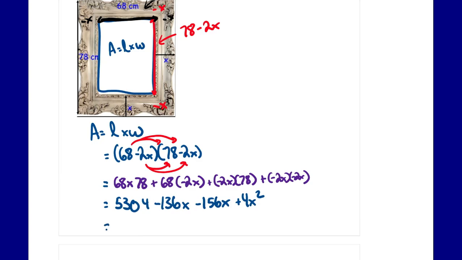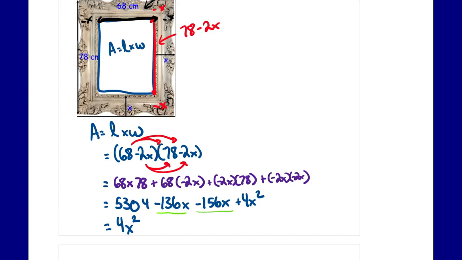Then the last step is going to be collecting any like terms. I do have some like terms with the x's here. I have two terms with x. And in terms of writing it out, generally speaking, we want to write it so that the variable with the highest exponent is at the front. So we have 4x squared at the front.